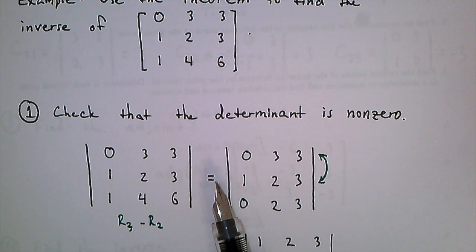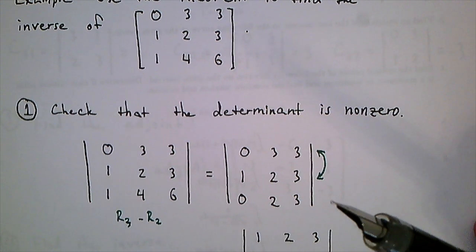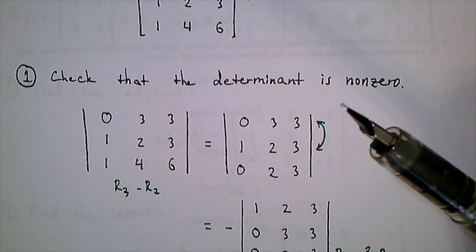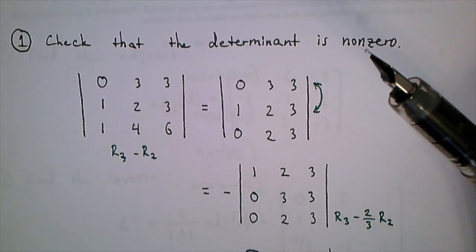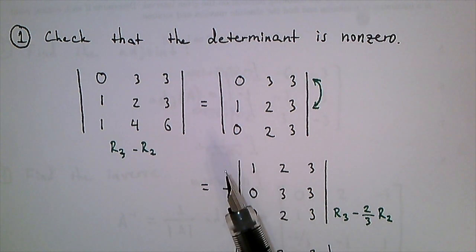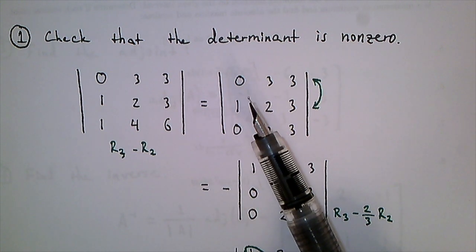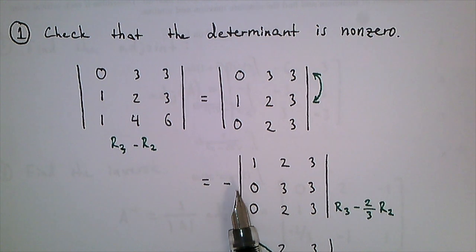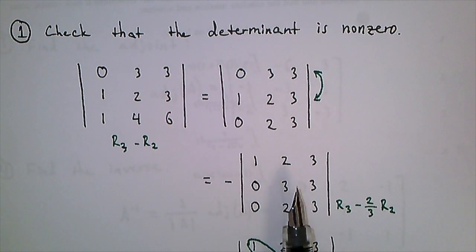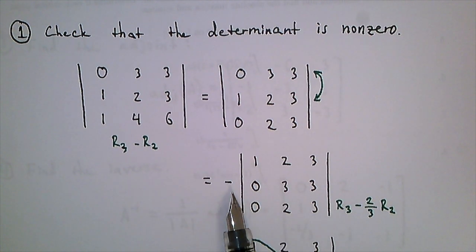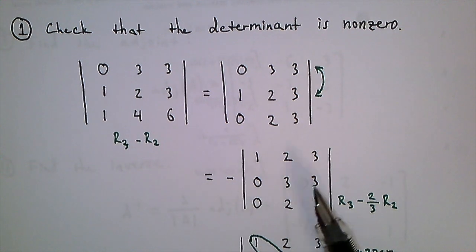That's why there's an equal sign here. But when we swap rows, when we interchange rows, we actually get a minus sign. So we have a negative of the original determinant. We pick up a minus sign here, and here's our new matrix.